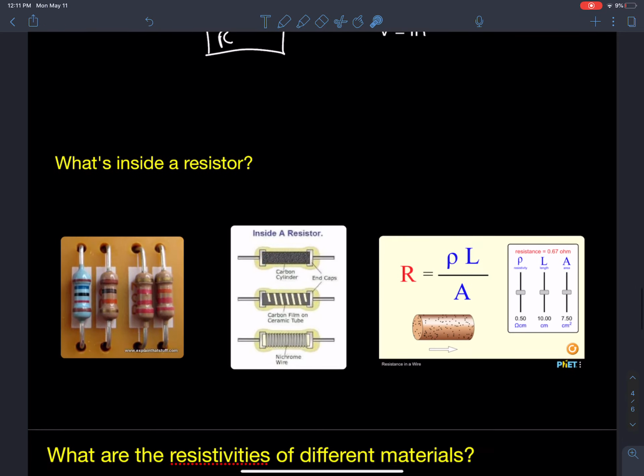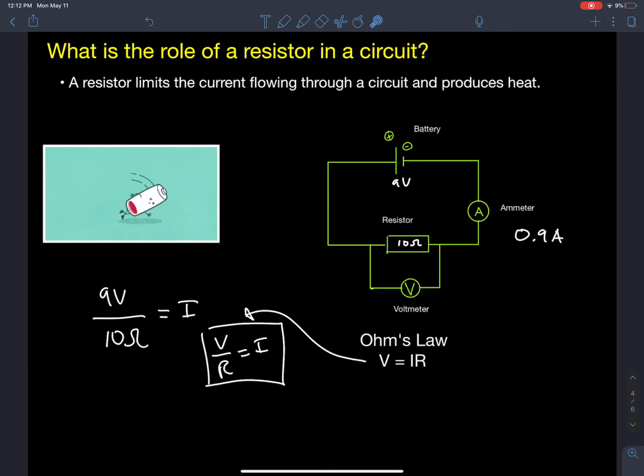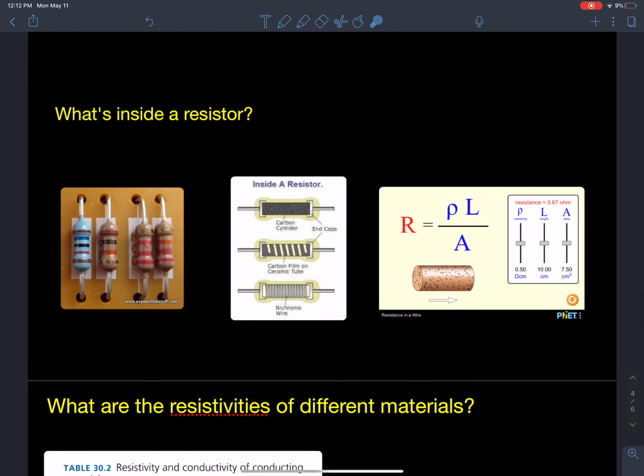So what's inside of a resistor that allows it to impede the flow of charge in a circuit? If you ever opened up an electronic device, you would find these little components in there. Those are resistors, and these little colored lines represent the amount of ohms that each resistor has. We'll learn more about that next year in grade 11. And if I crack that casing open, I would see that some of these resistors have different materials inside.